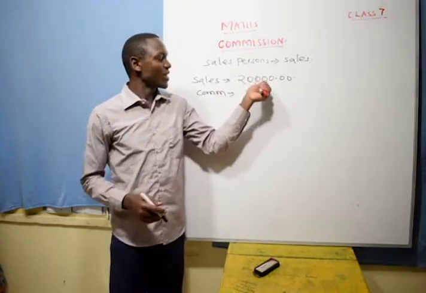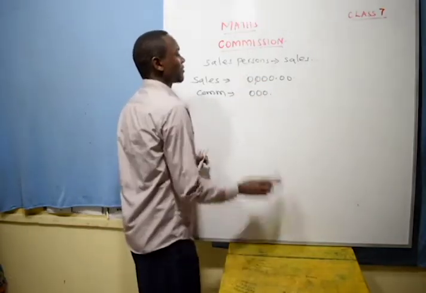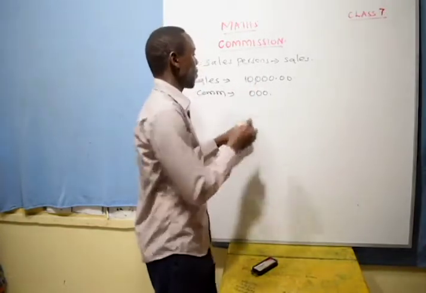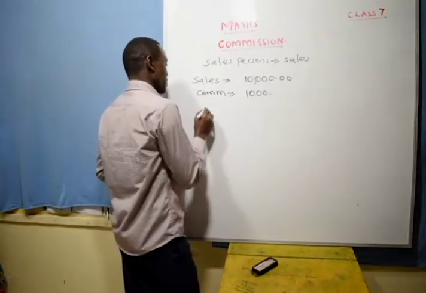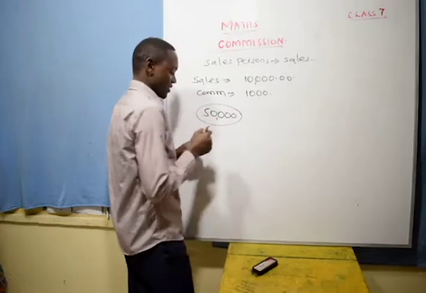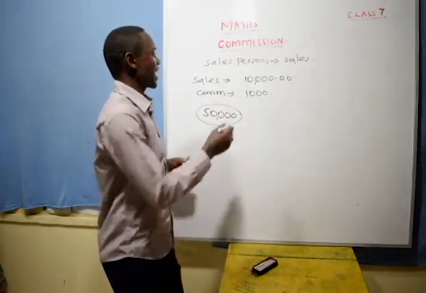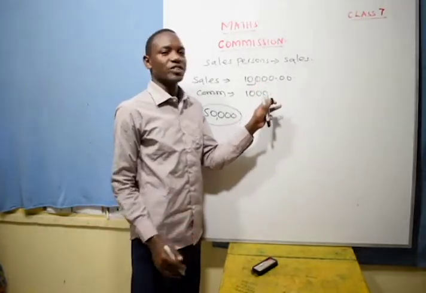Let me say for example, after selling goods worth 10,000 shillings, I give you 1,000 shillings. How much will I give you if you sell goods worth 50,000? Every 10,000 you earn yourself 1,000.